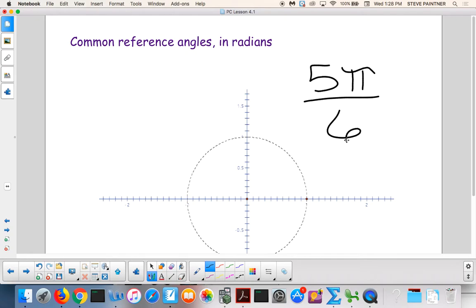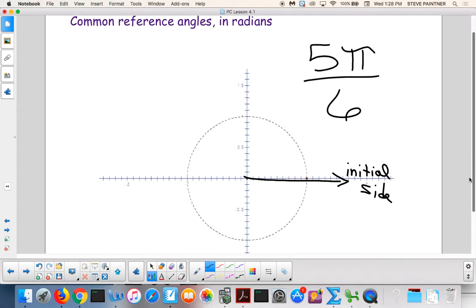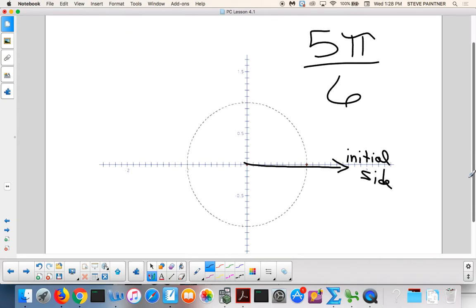Will you graph 5 pi over 6? Probably a couple ways you could tackle this problem. I'm kind of curious what you do.